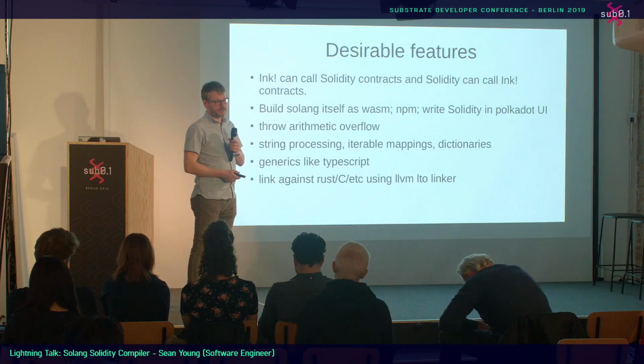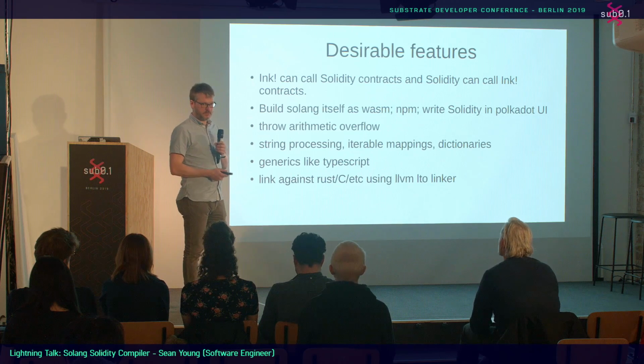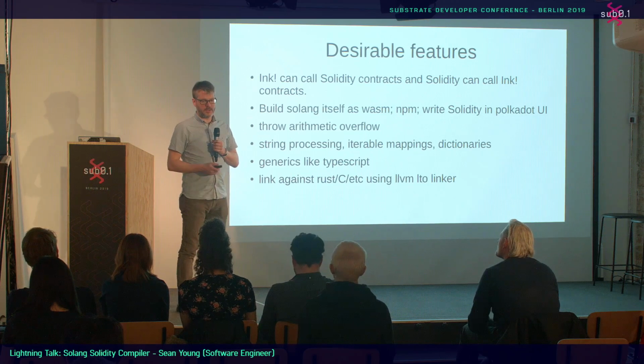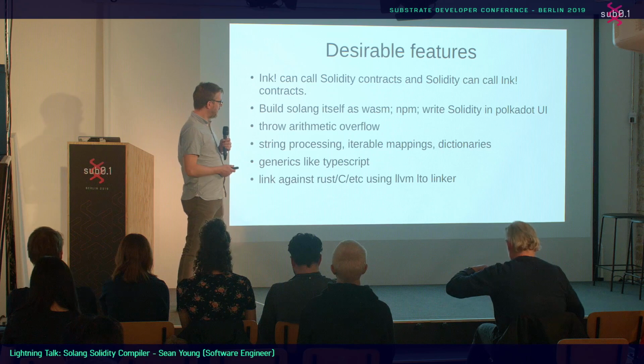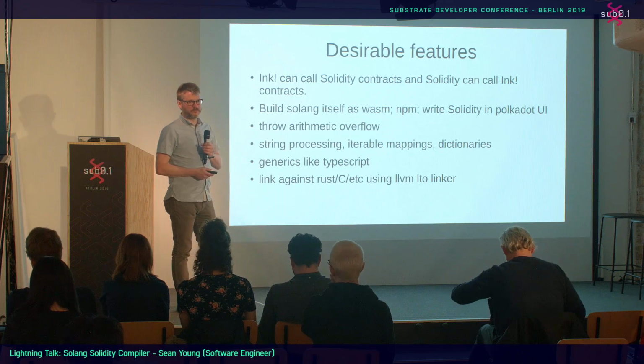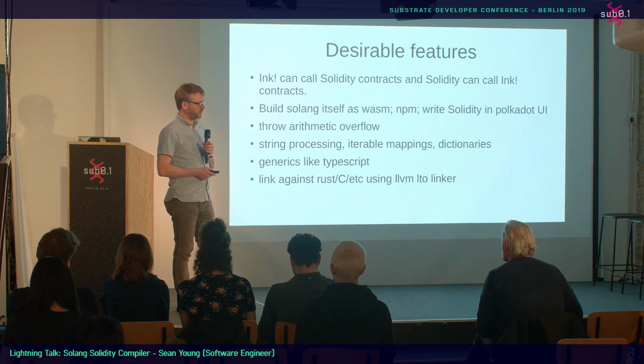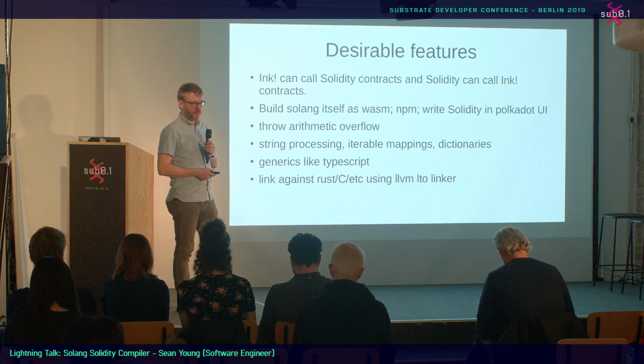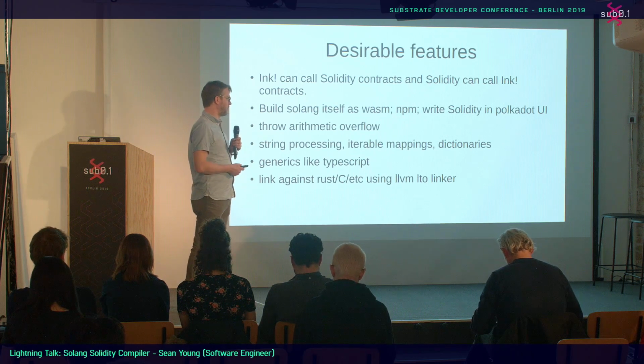It would be nice if Solang itself can compile to Wasm, because that would mean that you could have a playground. In the Polkadot UI, you could have just a free-form text field where you can write Solidity, compile it in your browser, upload it, and use it.